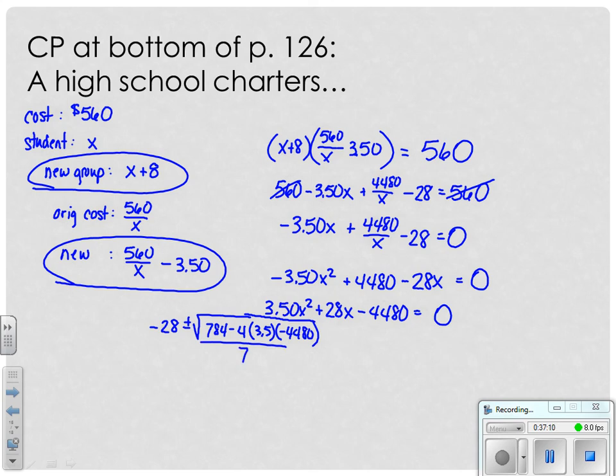So doing the math underneath the radical sign, with negative 28, you end up getting 63,504 in there. I always love it when these turn out kind of nice. The square root of 63,504 is 252.